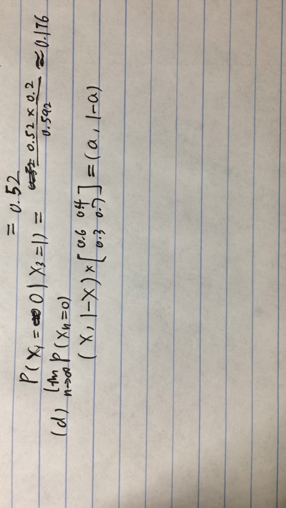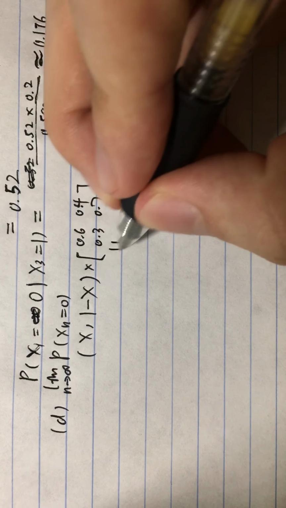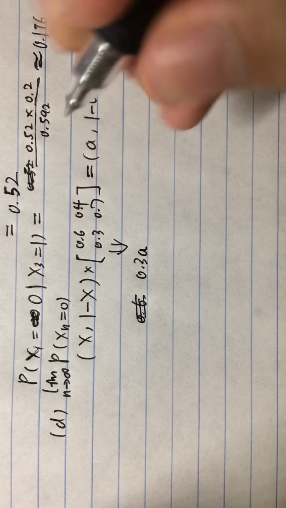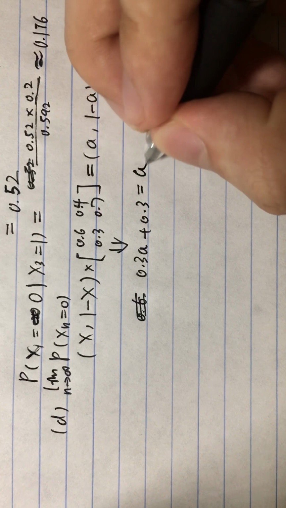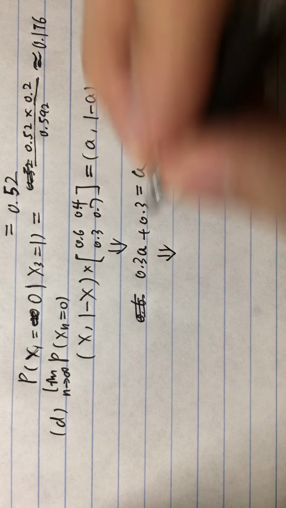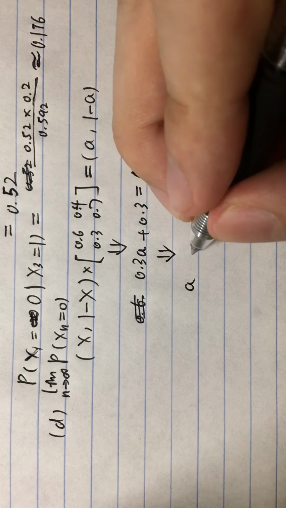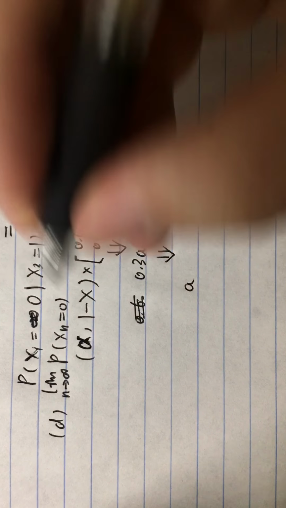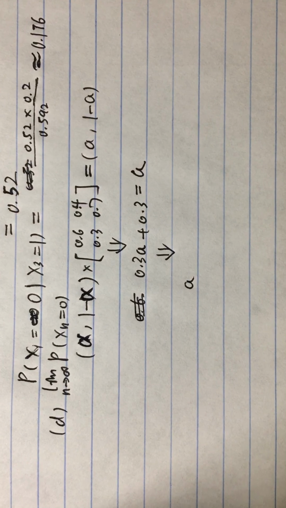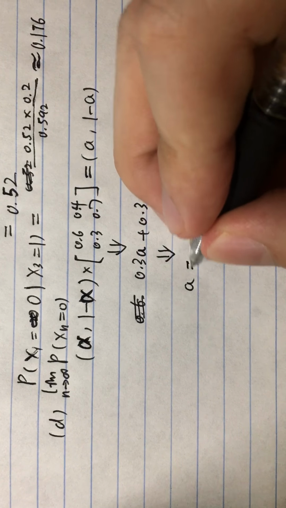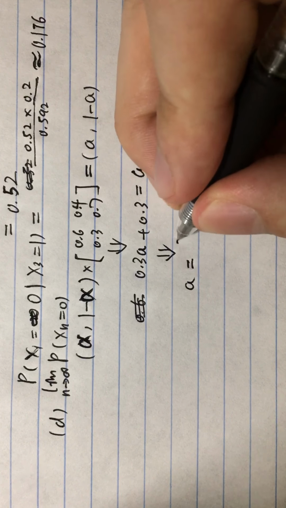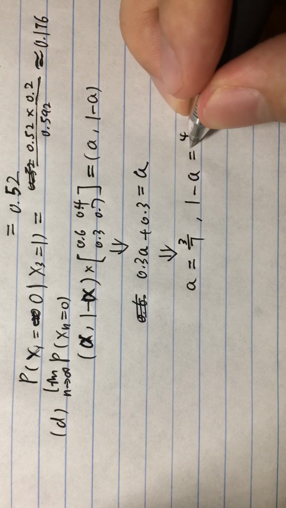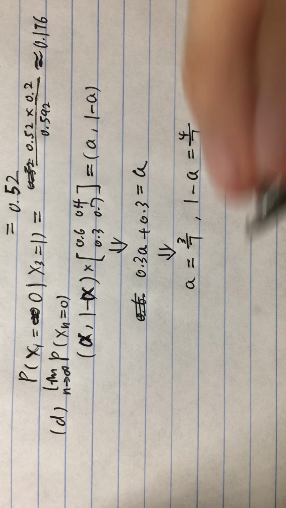So we have this equation. From this equation we get this one, and we should get a equals 3/7 and 1 minus a equals 4/7.